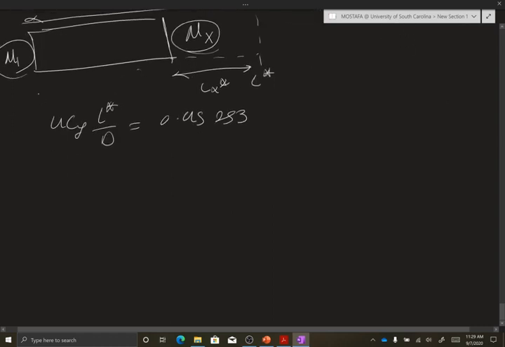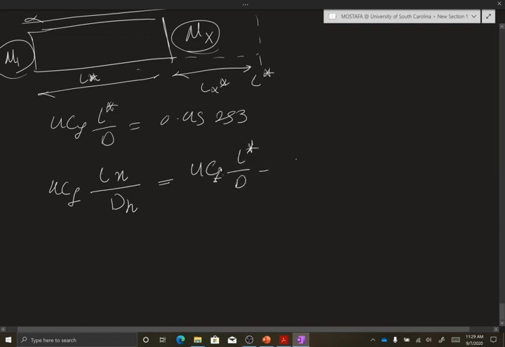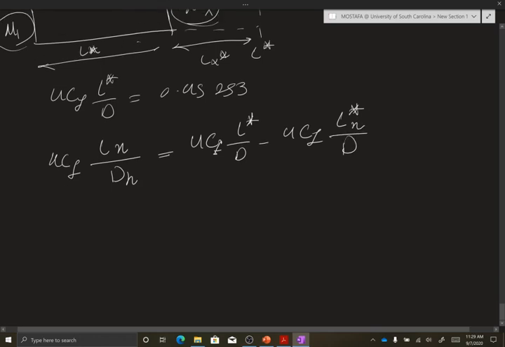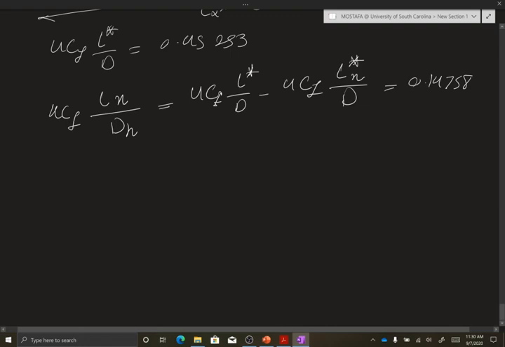And we want to find this Lx, that is, 4CF Lx over dH, which equals 4CF L star over D minus 4CF Lx star over D. So this value, if you do the calculation and plug in the values, pretty simple, is 0.14758.